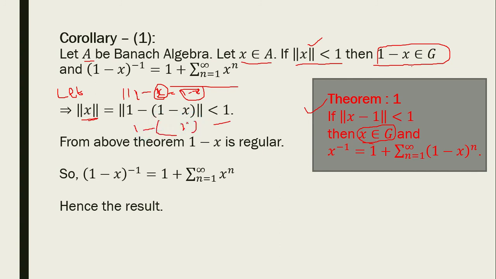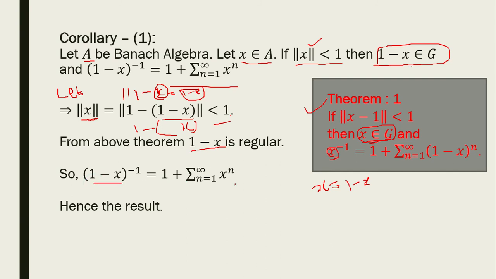So 1 minus x is regular, and the inverse (1 minus x) inverse is equal to, putting the value, 1 plus summation n equals 1 to infinity of (1 minus (1 minus x)) raised to n.